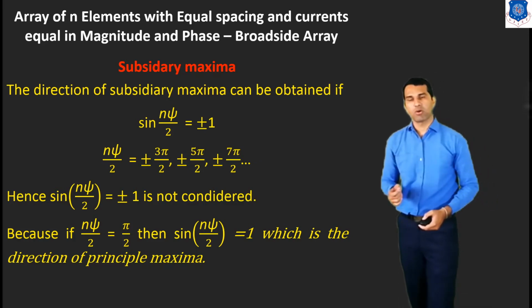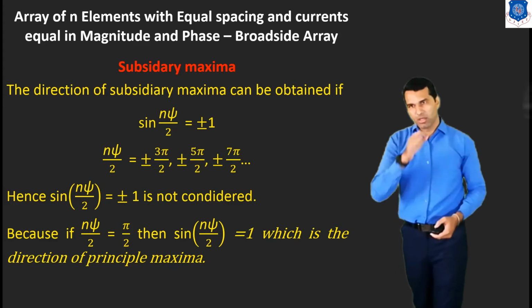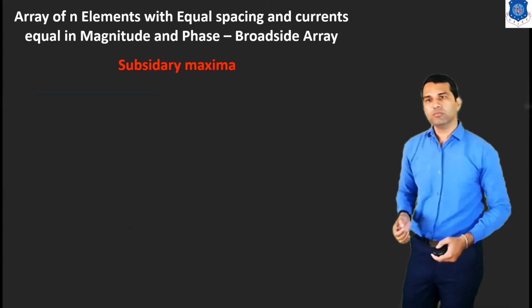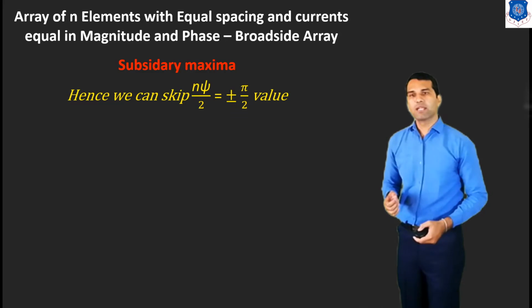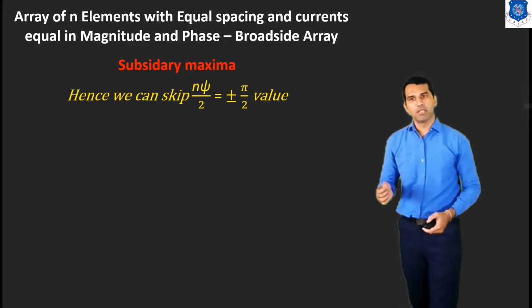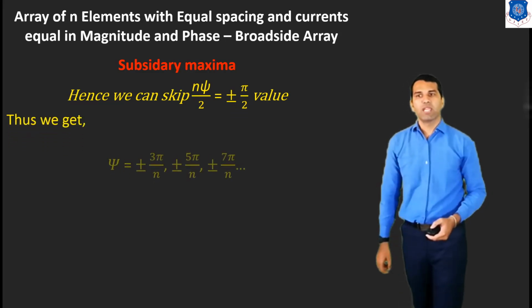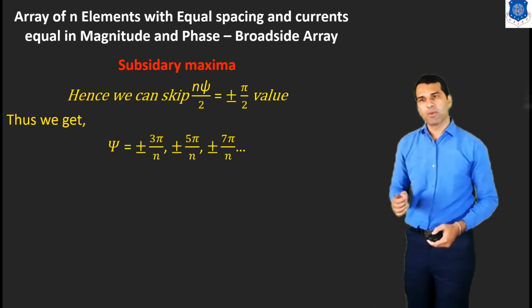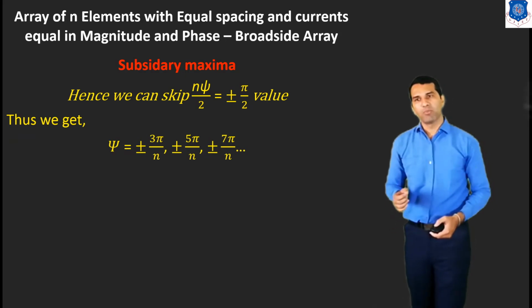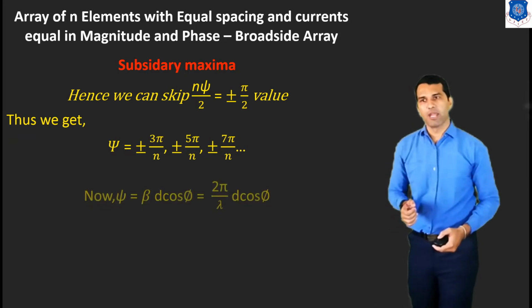So it is not possible for the side lobe, and we can skip nψ/2 = π/2 in this term. Thus we get ψ equals 3π/n, 5π/n, 7π/n.